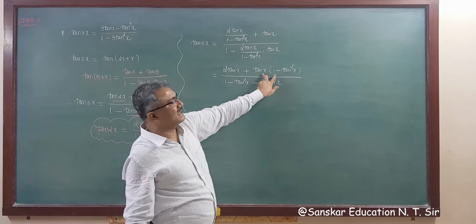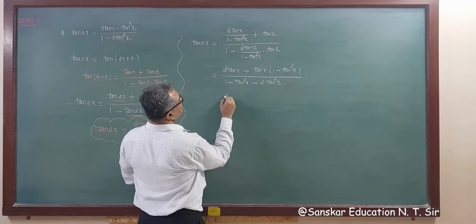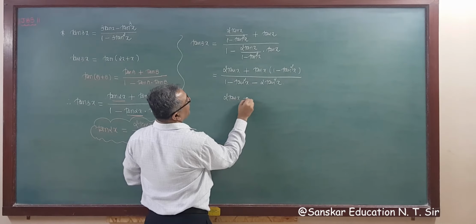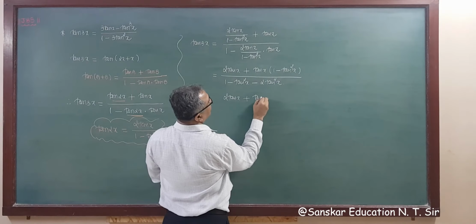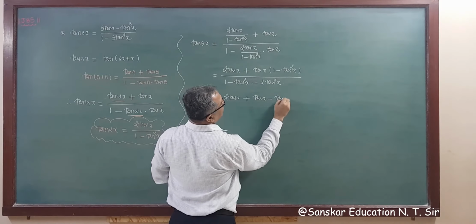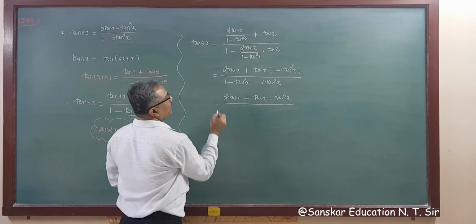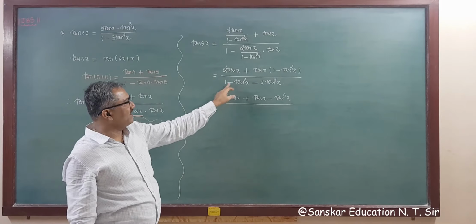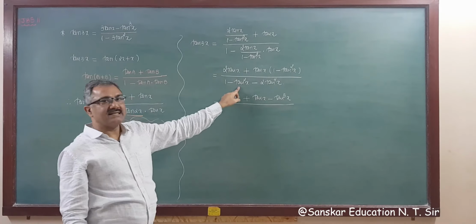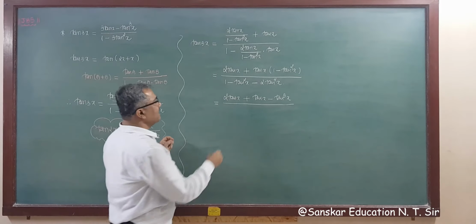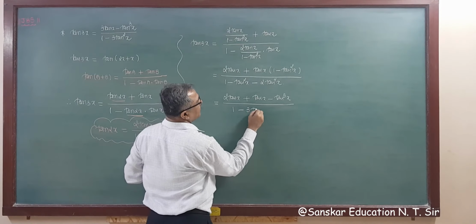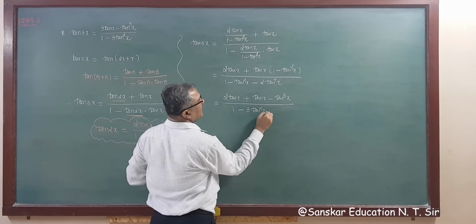So expanding this, we get 2 tan x plus tan x minus tan cube x whole upon 1 minus 2 tan square x minus tan square x, that is 3 times tan square x. So 1 minus 3 tan square x.